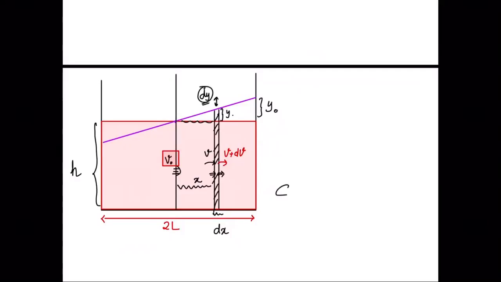What will be the volume? Mass will be density into volume. Only this particular layer's volume, right? Again, height is h, this thickness is dx, and breadth is b. That is density into volume, h into thickness, which is b into dx.